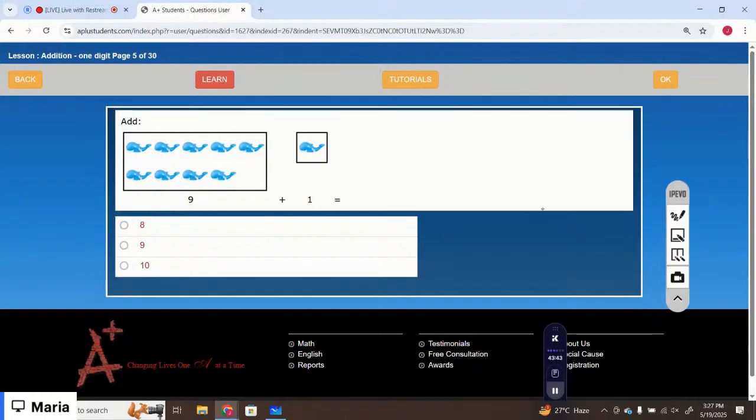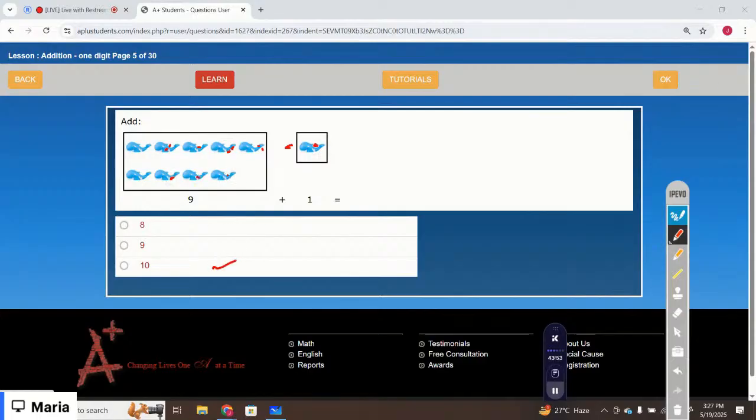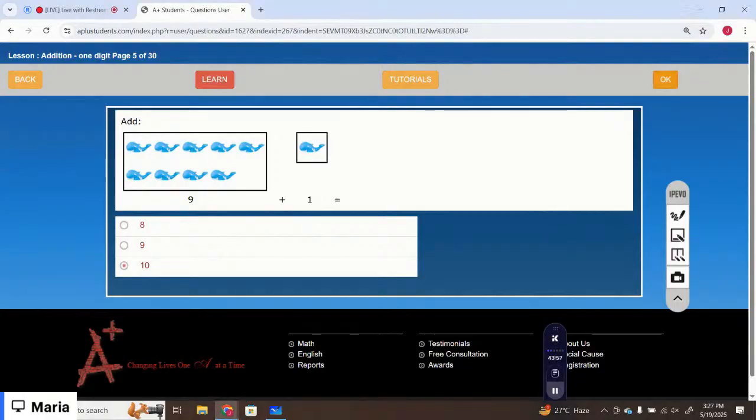Add 9 plus 1. So let's just count them together. 1, 2, 3, 4, 5, 6, 7, 8, 9, and 10. So the correct option is 10. Option number 3 is the correct option.